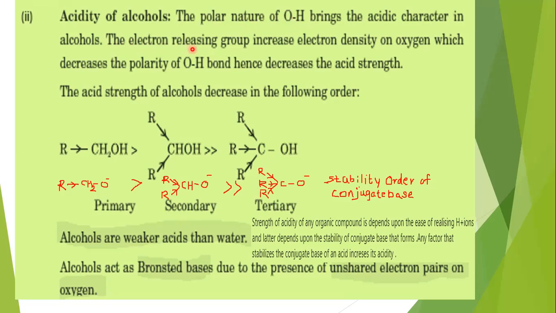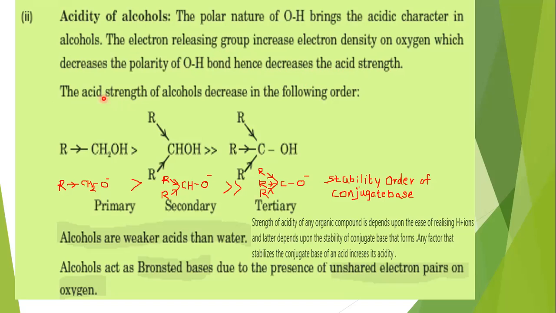If the electron releasing group increases the electron density on oxygen, it decreases the polarity of OH bond and hence decreases the acid strength.